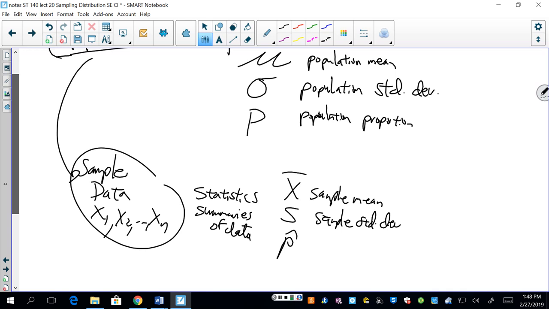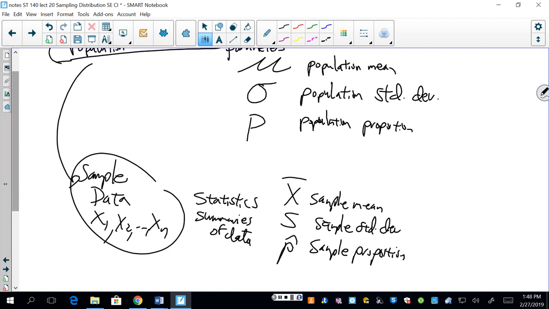Or P hat, P with a little hat on, little accent on it, is the usual symbol for the sample proportion. So the fraction of times that the pig would be standing up or bouncing on its nose.